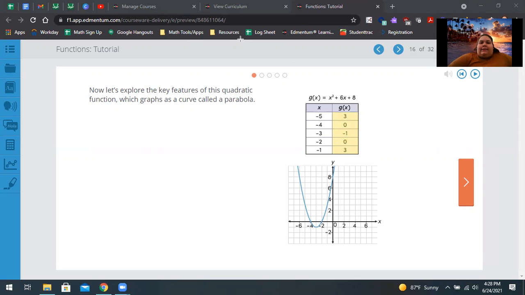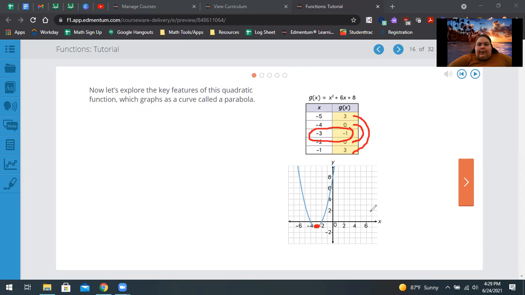What do I mean by that? If I look at it, I have 3 here and 0 below. Let's try 0: 3 and negative 1 don't match, so 0 is not my middle number. Let's try negative 1: 0, 0, 3, 3. So this is actually my vertex, that middle point right here.